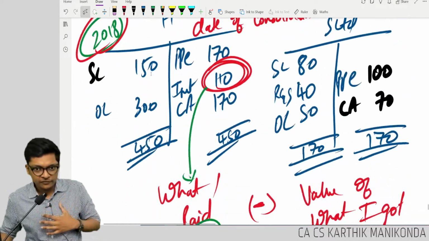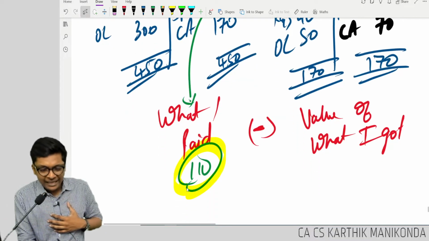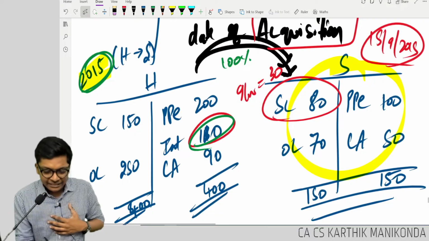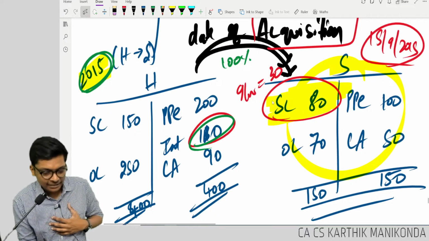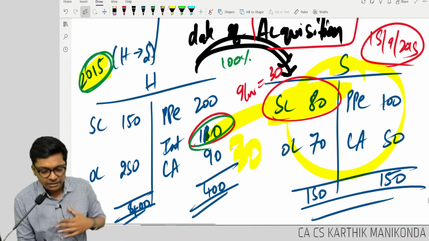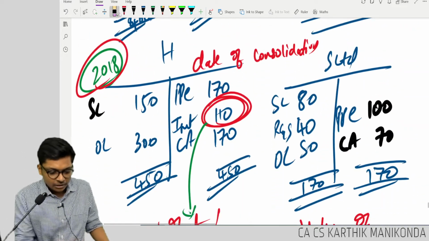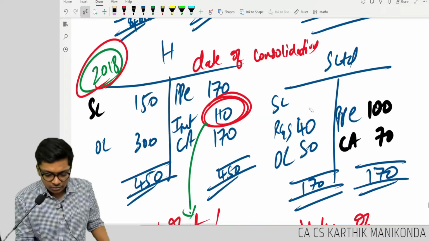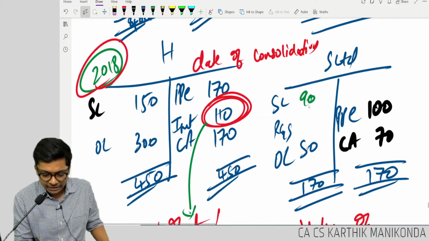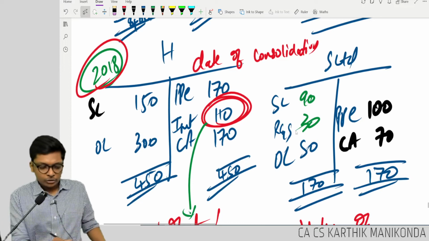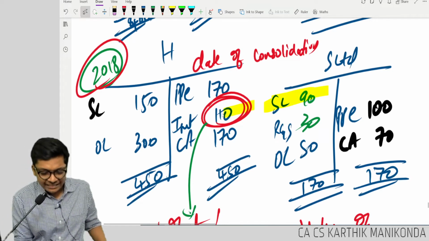Now this side, should I compare this? My question for you guys, should I compare this 110 with this balance sheet, this share capital, basically this 80 and say goodwill is 30, or should I compare, let's say Lakshita itself changed it, if I say for example 90, should I compare with this share capital and say goodwill is 20?